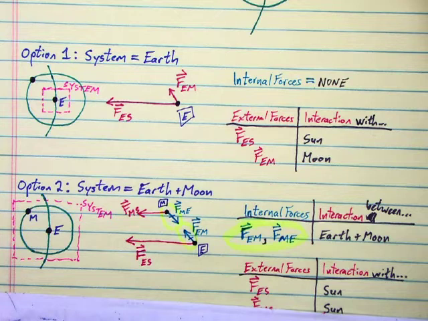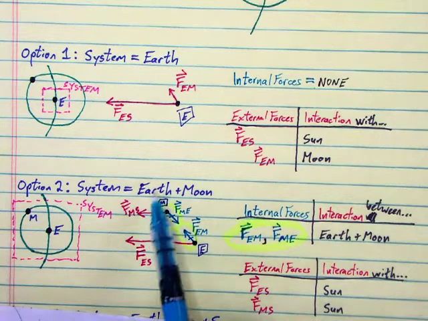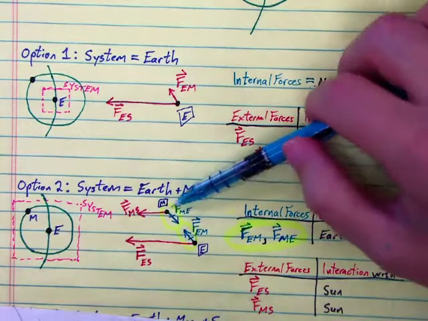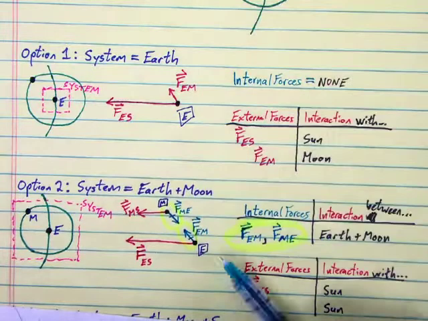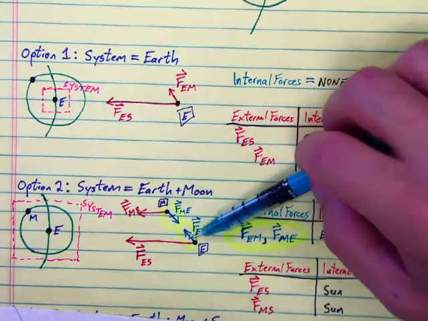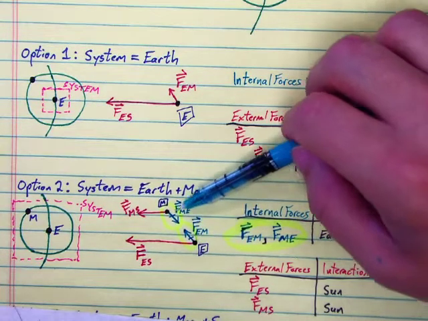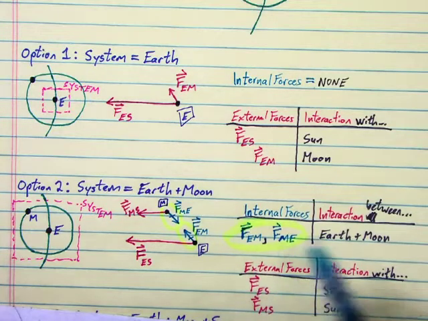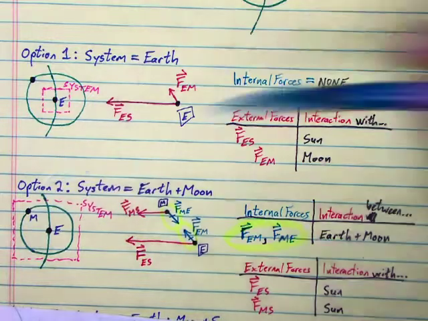But if we redefine our system to include both the Earth and the moon, draw our box around Earth and the moon, then here's an FBD for the moon, FBD for the Earth. Now we do have an internal force pair, the force on the Earth due to the moon and on the moon due to the Earth, them pulling on each other with an equal and opposite Newton's third law pair. That's inside the system, interaction between 2 objects that are inside the system.